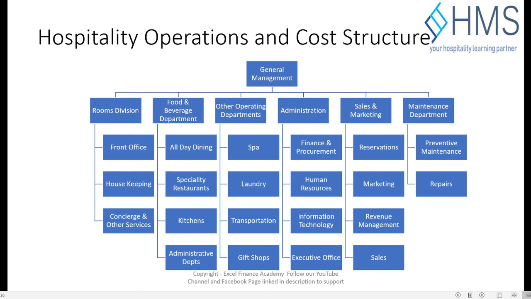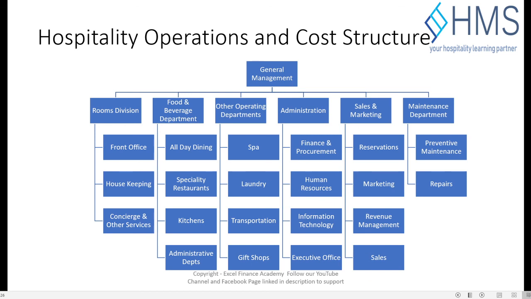Similarly, sales and marketing has reservations, marketing, the revenue department, and sales management. Maintenance usually has preventive maintenance and repair. So this is the general structure for hotels, whether small or large. How many people manage these departments depends on the size of the hotel.